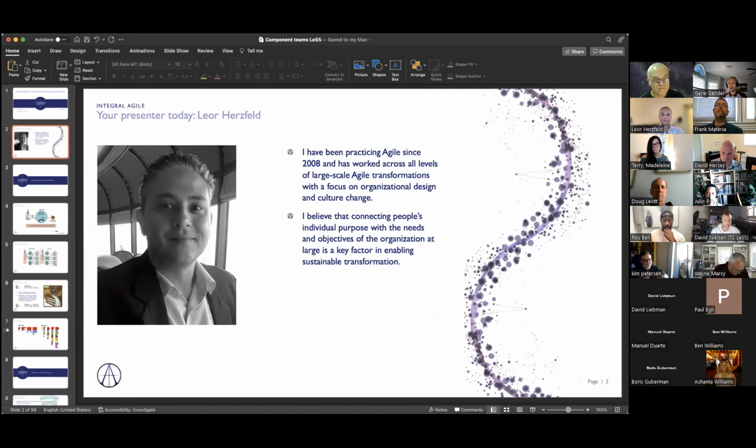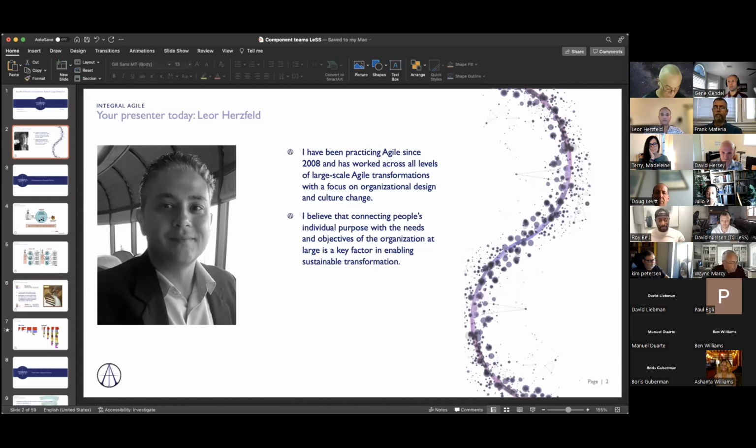He's passionate about providing next generation collaboration tools that optimize organizational design with a focus on creating reusable capabilities and enabling flow. Leor approaches agile transformation through the metaphor of how matter, energy, and systems arise and operate in the natural universe. So he will be taking the scientific angle to all of this.